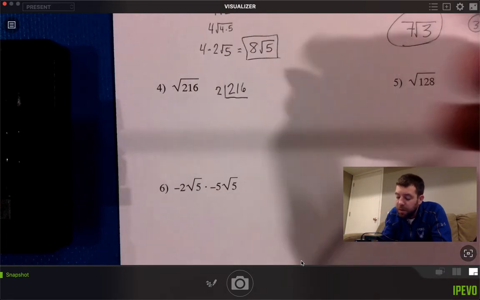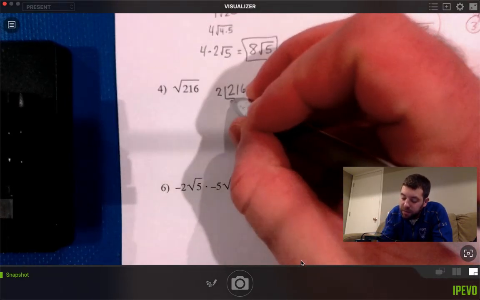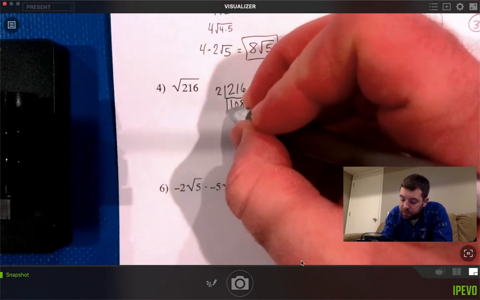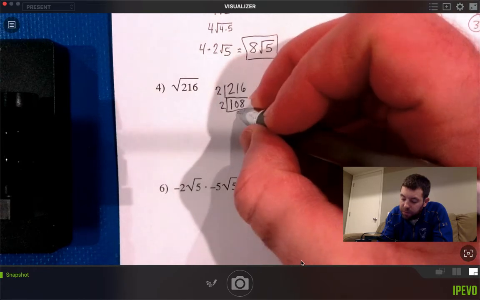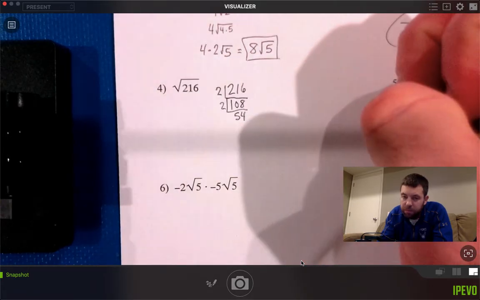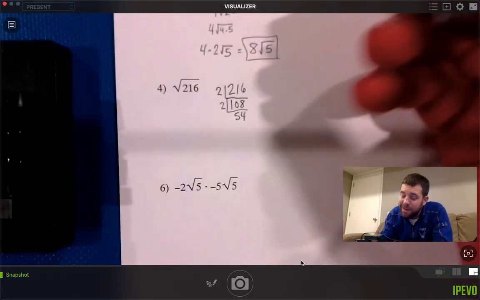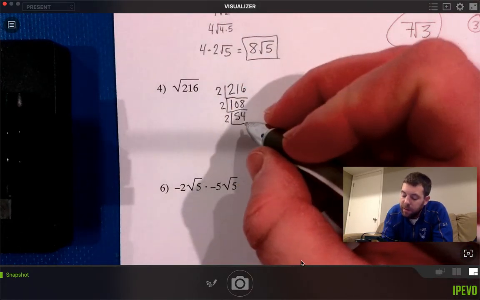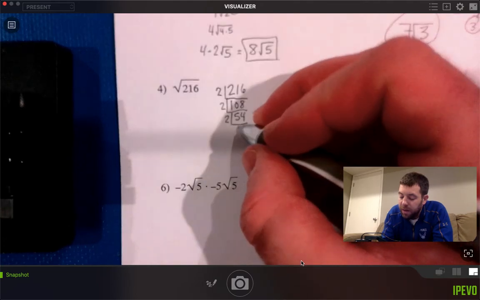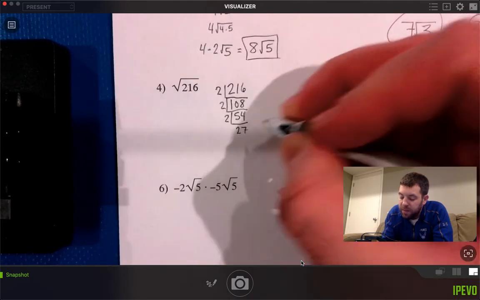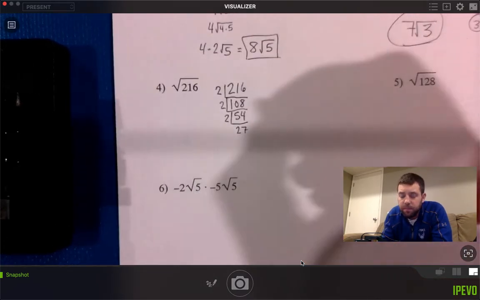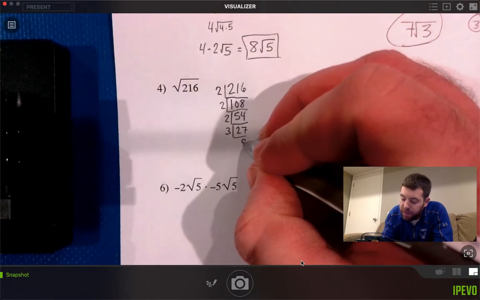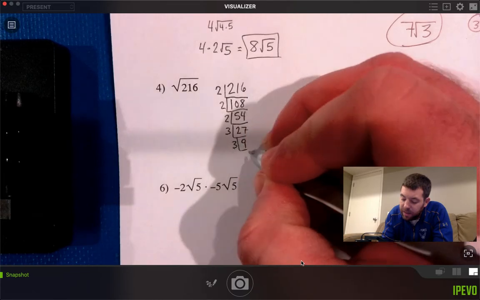So I have a 2, and that's going to be 108. Pull out another 2, I get 54. Still an even number, so I take a 2 out. And then you get 27. 27 divided by 3 is 9, and then 9 is 3 and 3.